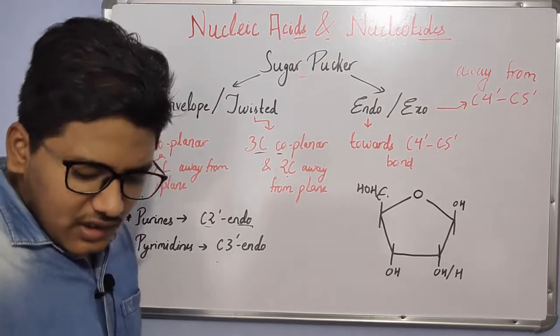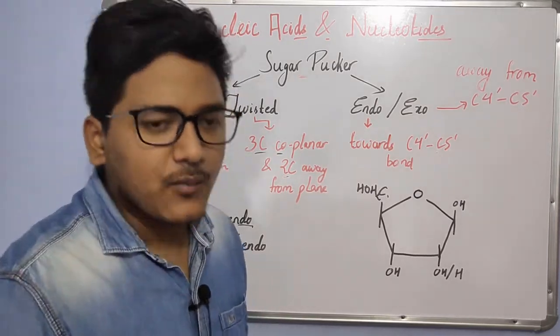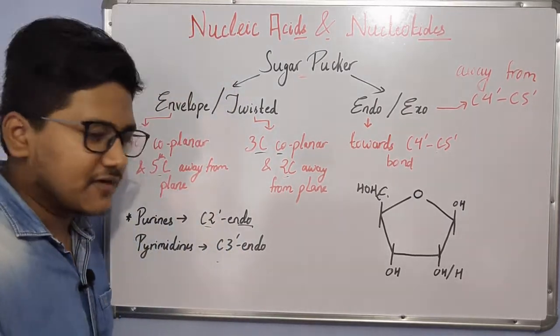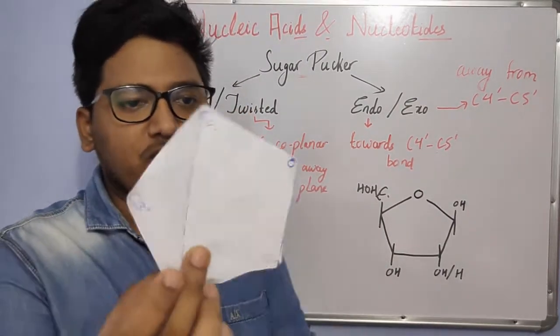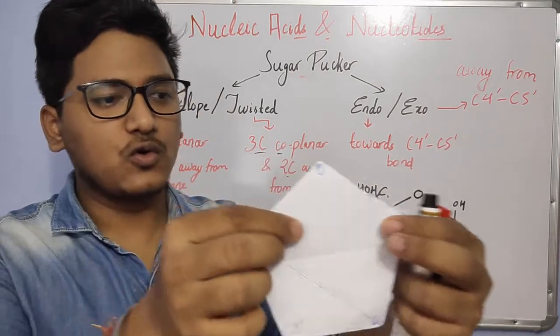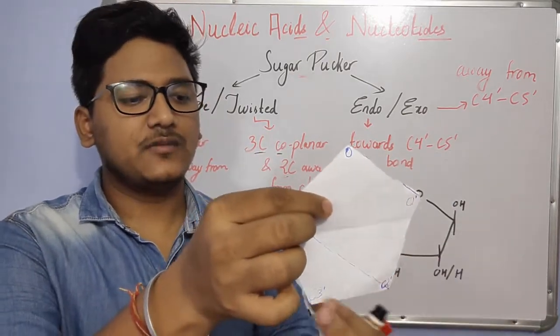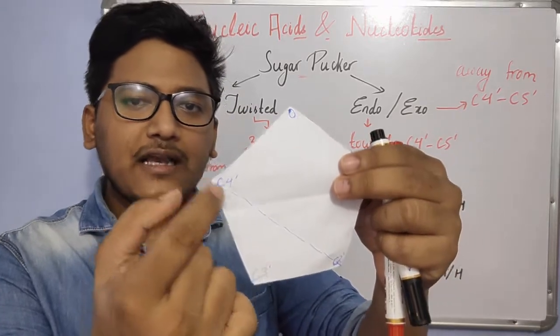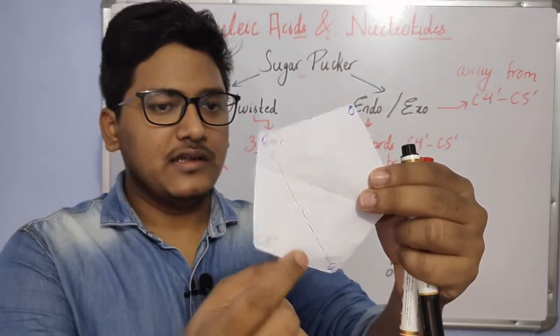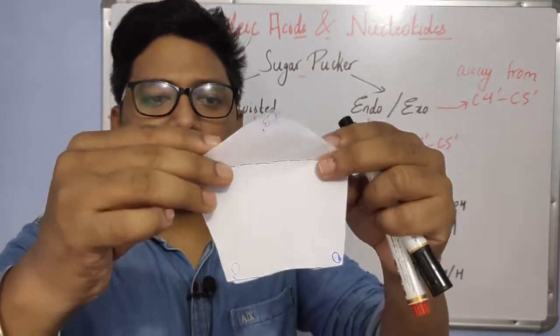So if I try to demonstrate using some of the papers that I have taken, if this is the structure of the ribose, where this is the O group, this is the first carbon, second carbon, third carbon, the fourth carbon, and if I fold it along the line that I have drawn, this is kind of an envelope now.